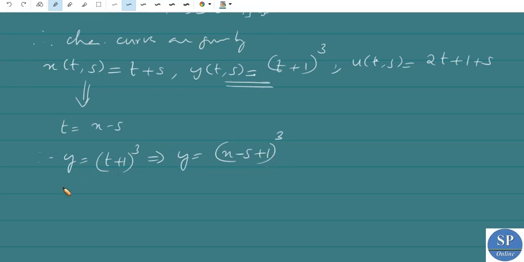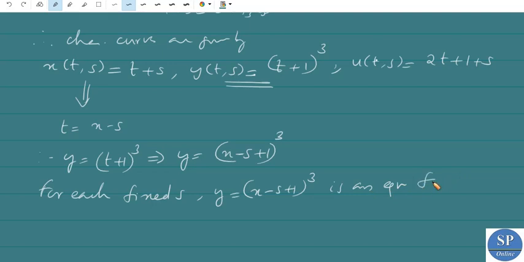Okay. So we can write like this: for each fixed s, y equal to (x minus s plus 1) whole cube is an equation for characteristics.